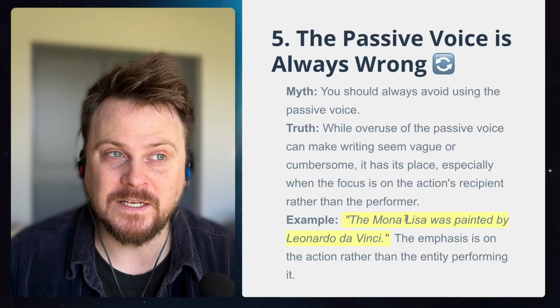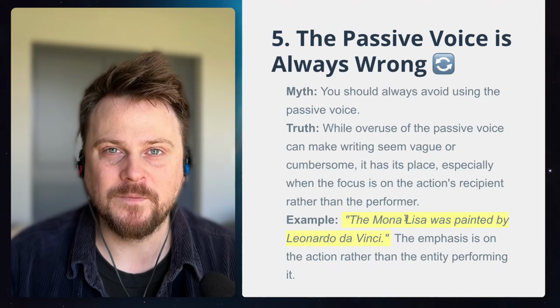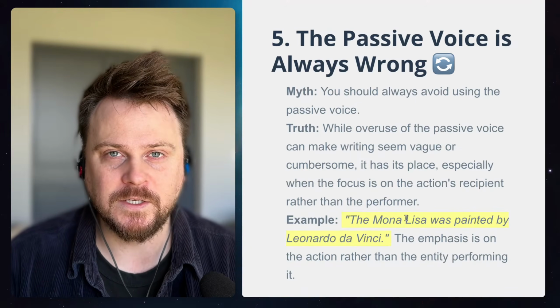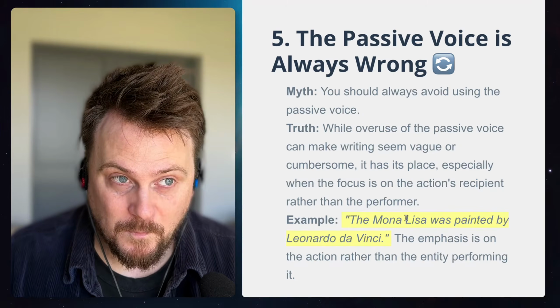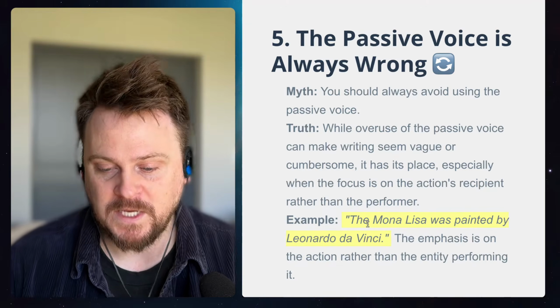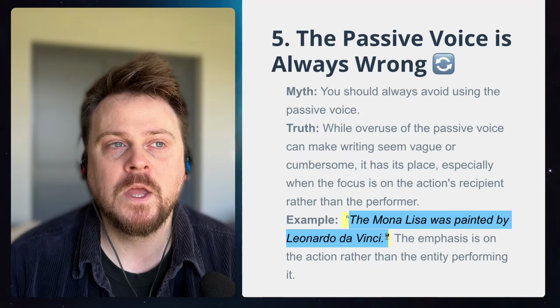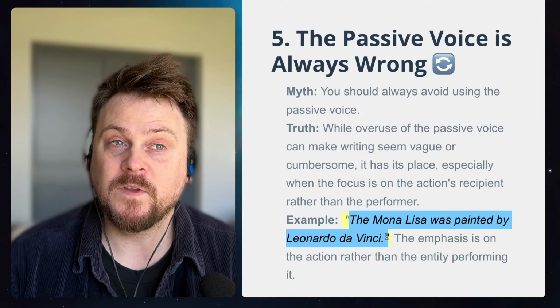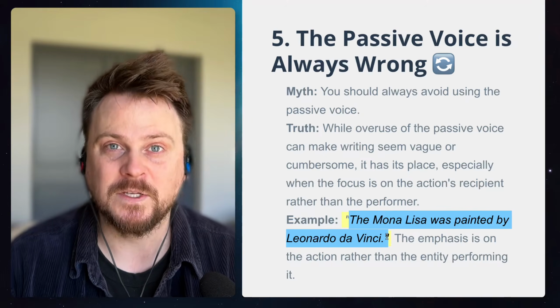Now, sometimes, and we have an interesting example here, we delete the subject, excuse me. If both are important, but maybe one is the focus, then we can keep both. So the Mona Lisa was painted by Leonardo da Vinci. Well, Leonardo da Vinci is perhaps not someone you want to leave out because he's a very famous painter.